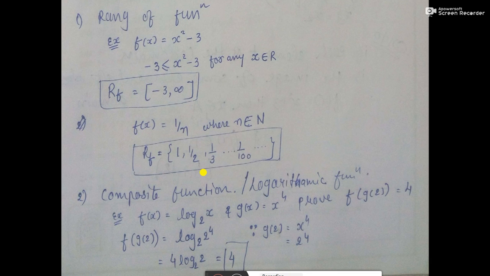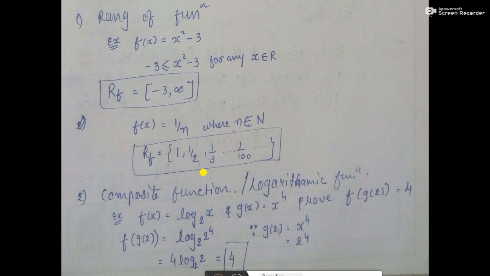Now f of g of 2 will be, let me tell you how this is written: f of x, where x is g of x. It means in place of x you need to put the g function, which is x raised to 4. It means x log to the base 2 of x raised to 4.